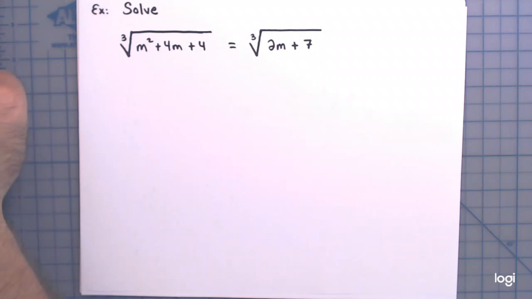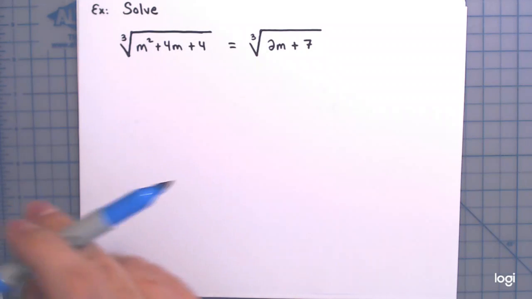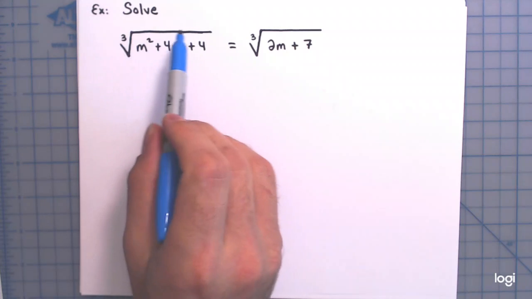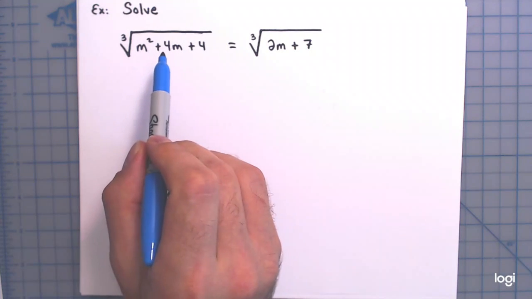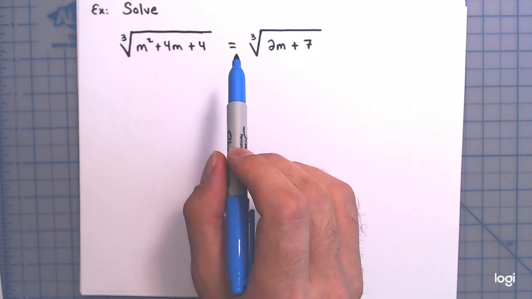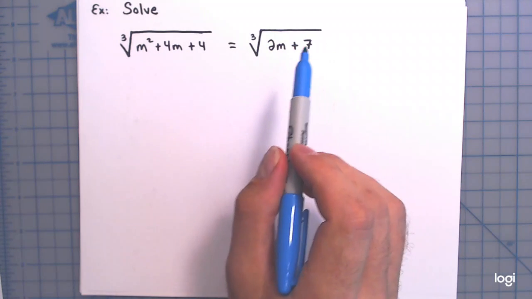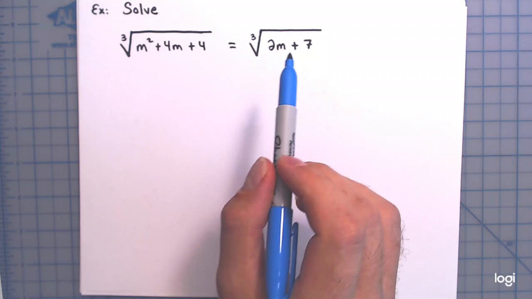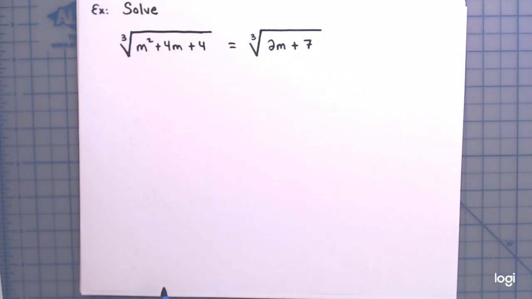There's a cube root of m squared plus 4m plus 4 on the left side equals the cube root of 2m plus 7 on the right side. The variable here is m. As with any equation, I'm trying to figure out what I can replace m with to make this a true statement.